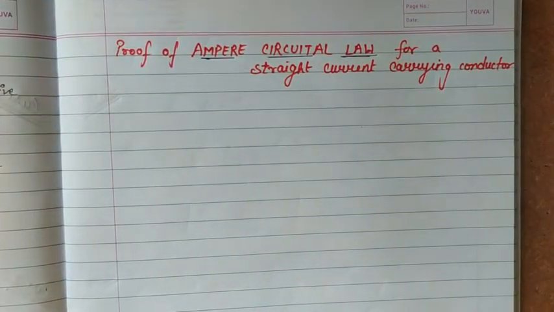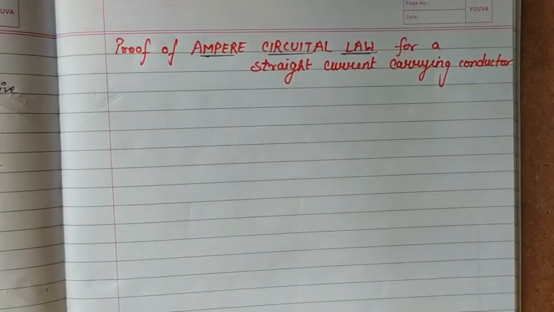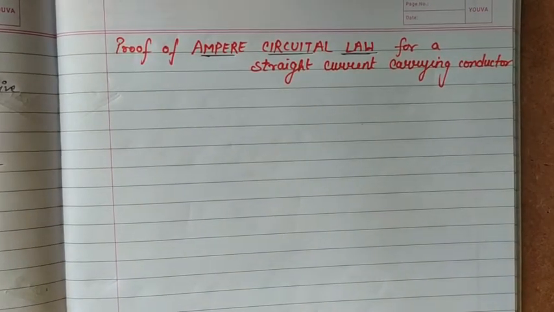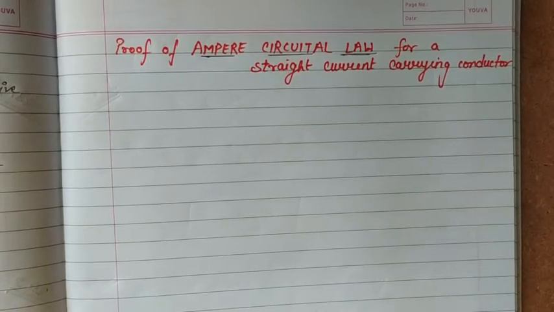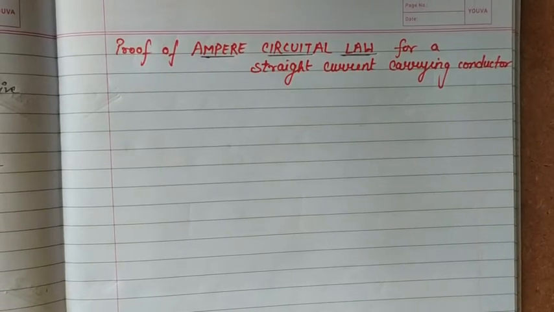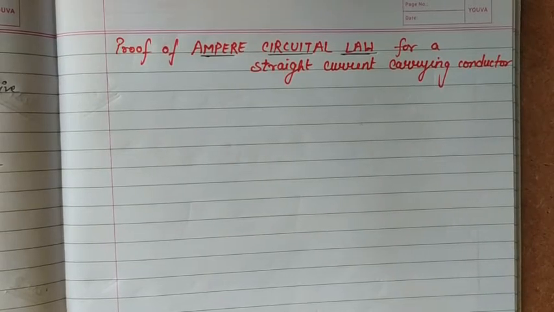For this we are going to consider an infinitely long straight current carrying conductor, and let the current flowing through it be capital I. Now we will use the Biot-Savart Law first to find the result.